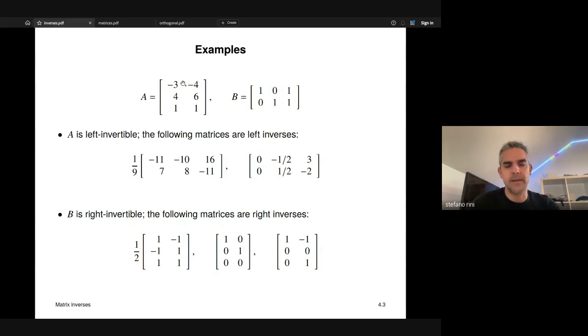Okay, let me start again. A is this 6-element matrix, 3 times 2. So X is going to be a 2 times 3 matrix, and their product is going to give us an identity matrix of the smallest dimension that we have, which is 2. So the product X times A must be equal to an identity matrix of dimension 2.